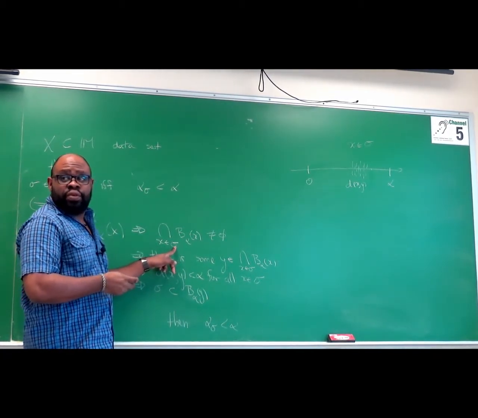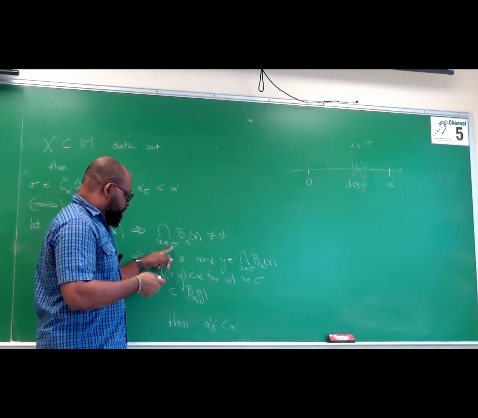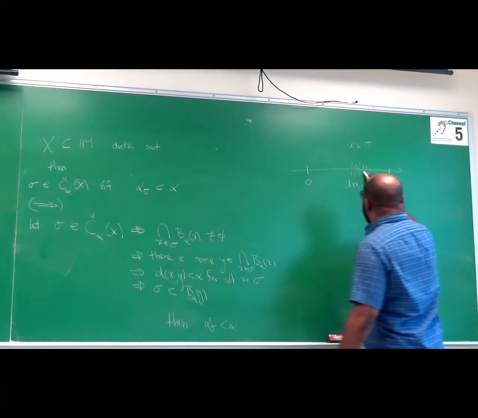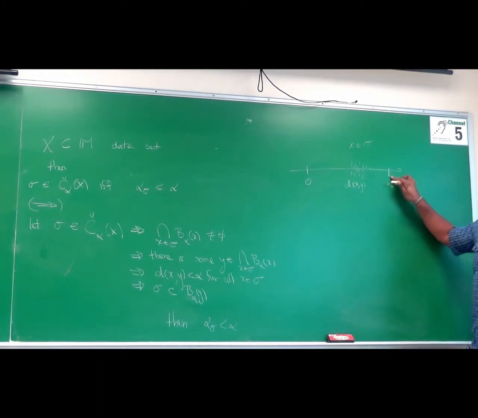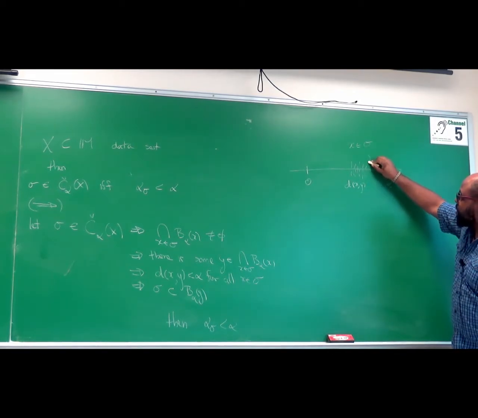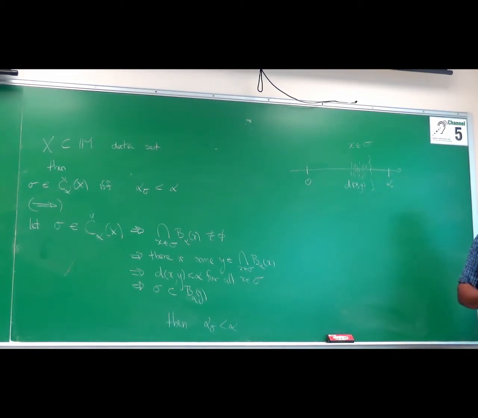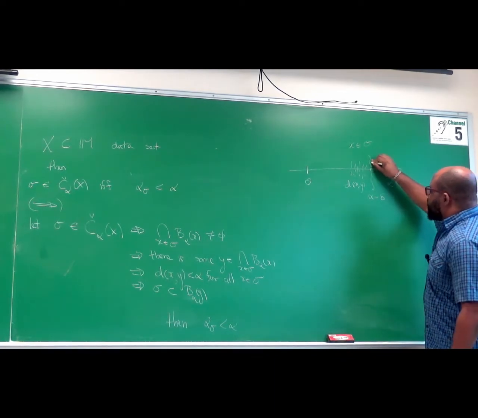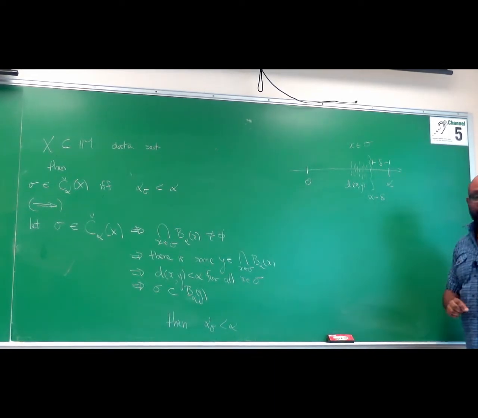It could happen that if sigma was infinite, then you could get as close as you wanted to alpha in distances. But since sigma is finite, there is some sort of hard threshold where you cannot move forward. So maybe this is like some alpha minus delta, where this is the delta gap that I'm leaving myself.